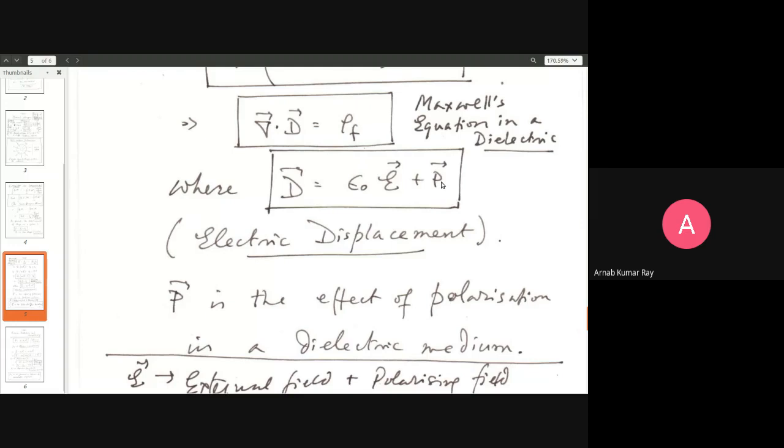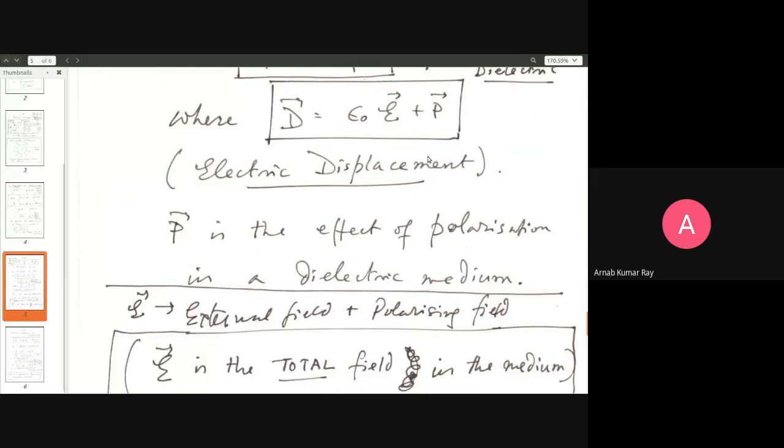So you can only add two things if they have the same physical dimension. For instance, you can't add length to area, because length has the dimension of length, and area has the dimension of length into length. So from this formula, you should realize that epsilon naught into E and P have the same physical dimension.